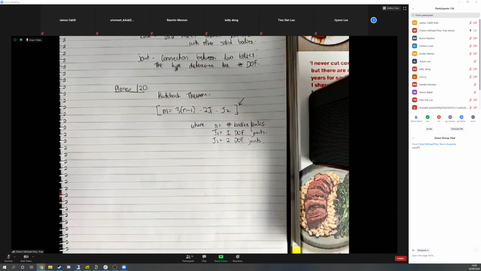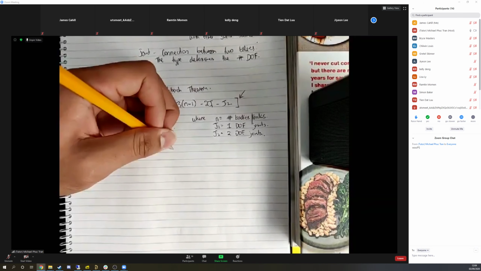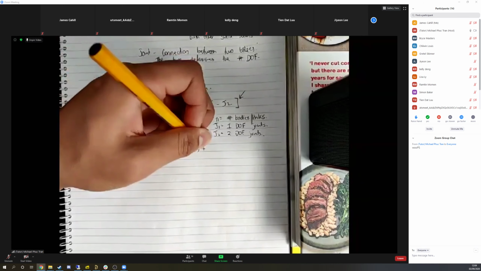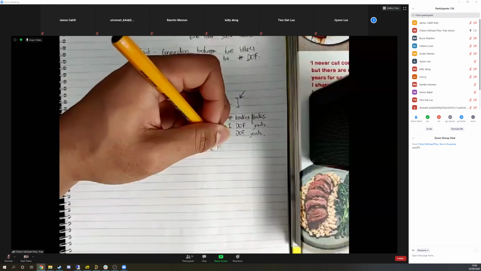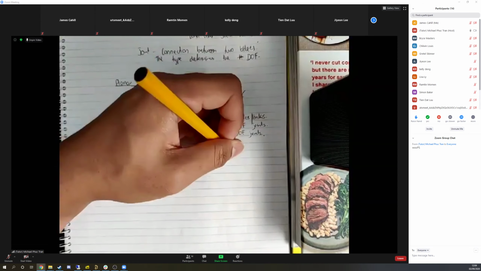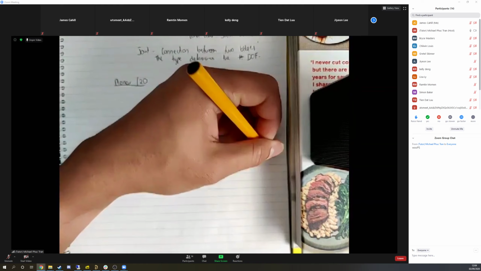Another way you can write this is also M = 3(N - 1) - 2G + the sum of degrees of freedom. So N is the same, bodies, links.